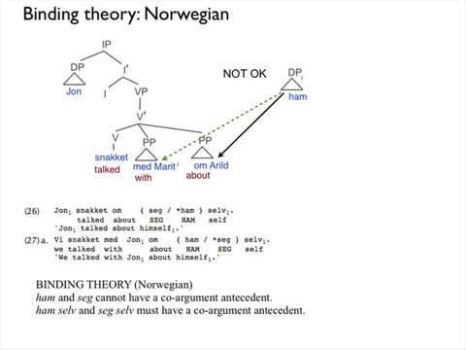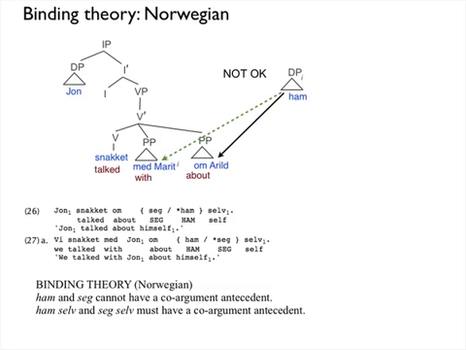English has one kind of thing for both of these scenarios. An ordinary pronoun can't have a coargument as an antecedent, where coargument we're thinking of as still that same broad concept, syntactic or semantic.